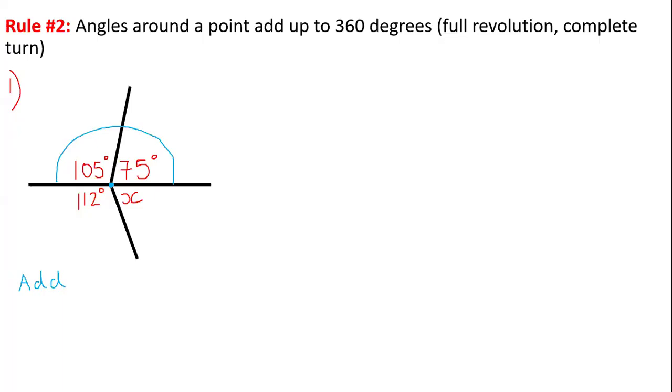How much should they equal in this complete turn? 360. Very good. They should be equal to 360 degrees. All of them should add up all together to 360 degrees.